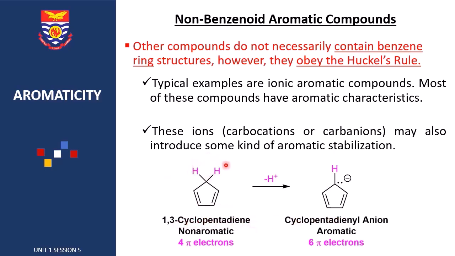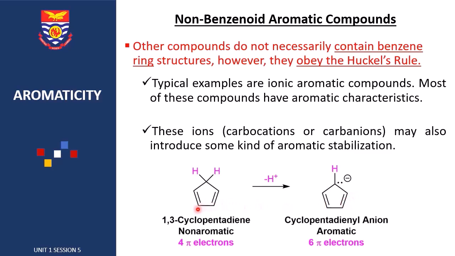If you compare these two structures, 1,3-cyclopentadiene is non-aromatic because it's not planar. The hydrogens are pointing in different directions. They are not in the same plane. So this compound is non-aromatic. However, its anion, the cyclopentadienyl anion, is aromatic because there are two lone pair electrons that add up to 6 pi electrons present in the ring.